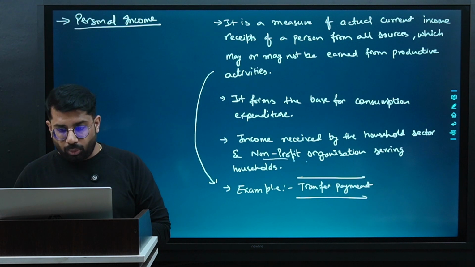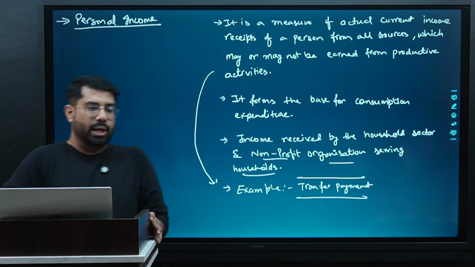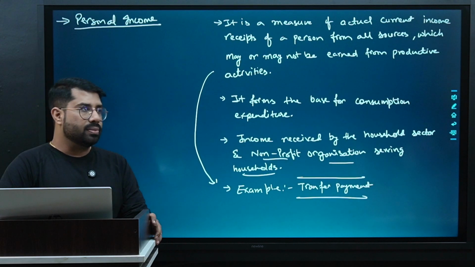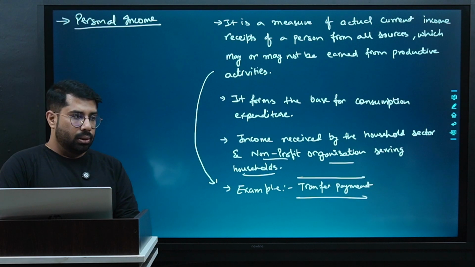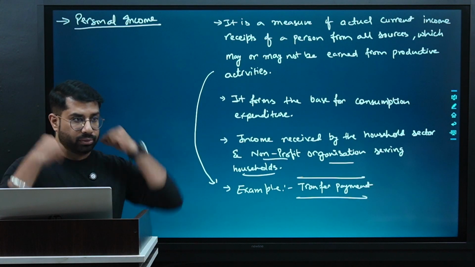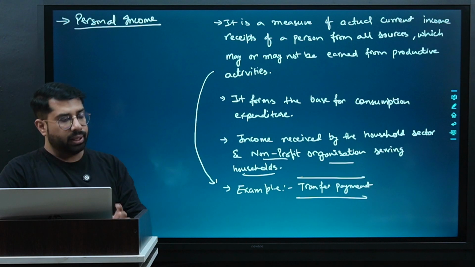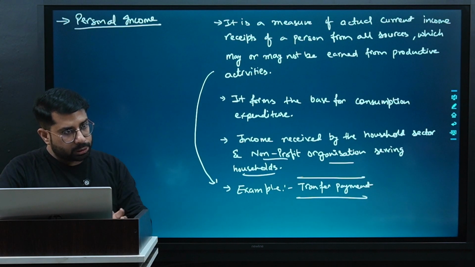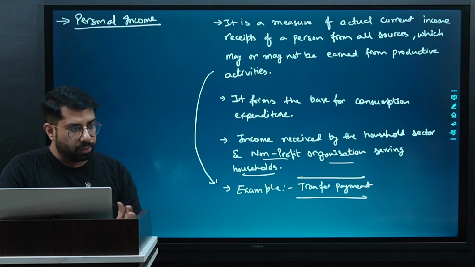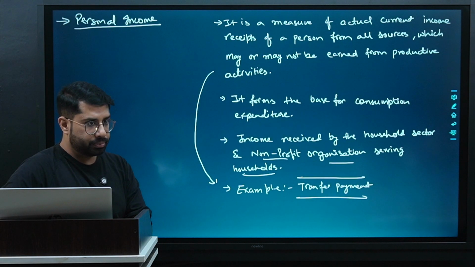Why are we including non-profit organizations serving households? The same reason I gave you in the expenditure method. Look, any organization which is not working for a profit motive is working for a service motive. Correct? So whatever money that type of organization is spending on the consumers for their consumption, we will assume that is also a consumption expenditure. Correct?